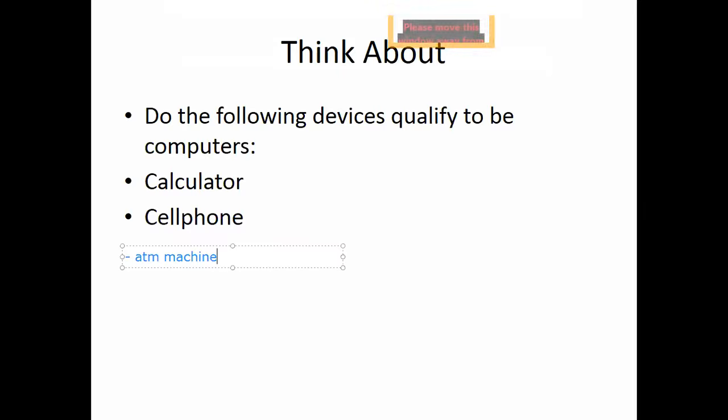Ask yourself whether a calculator qualifies to be a computer, whether a cell phone qualifies, whether an ATM machine qualifies. As you're thinking about this, please base it on the definition we have just given. Those four features, see if you can identify them in a calculator, in a cell phone, in an ATM machine, and then decide whether it qualifies to be a computer or not.